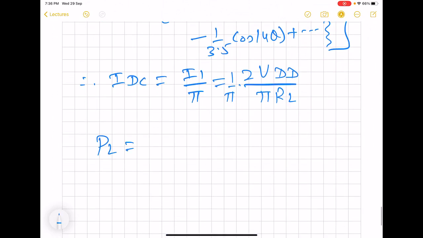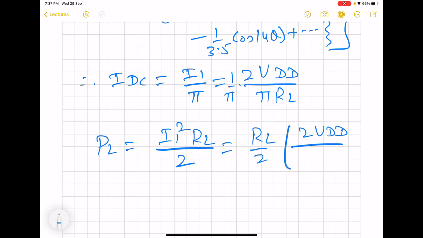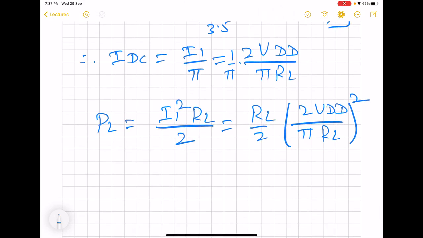PL is I1 square RL by 2, which is RL by 2 into 2 VDD by pi RL whole square. So this will become 2 by pi square VDD square by RL.